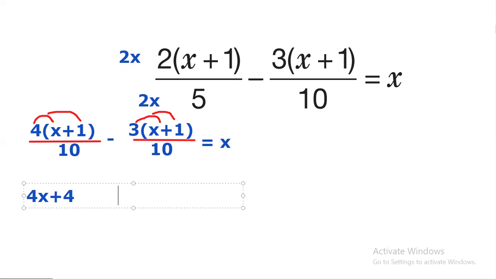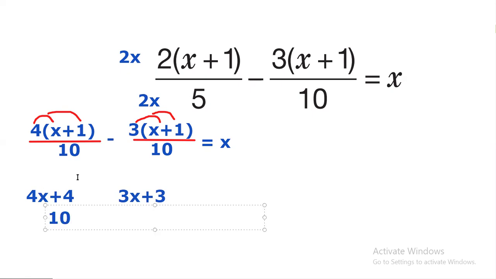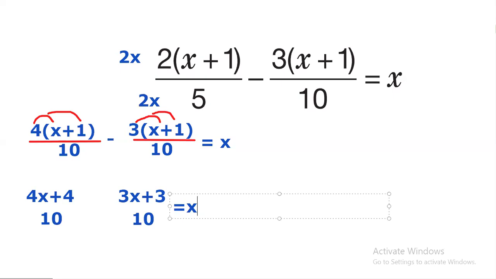And then the other bracket we have 3x plus 3, okay? And then here under 10, focus on these steps. I'm just trying to show you that each step alone is important, because if you do bigger steps, you won't have a chance to know the mistakes or the place where the mistakes happen.